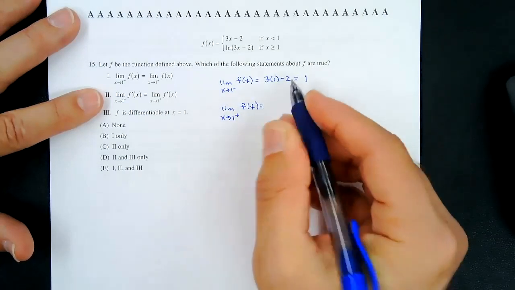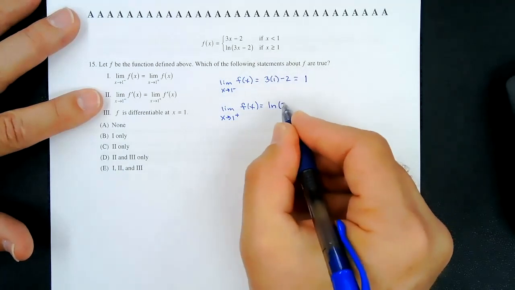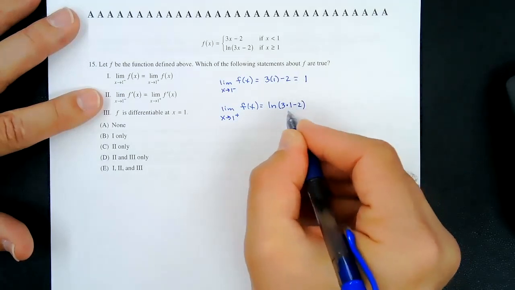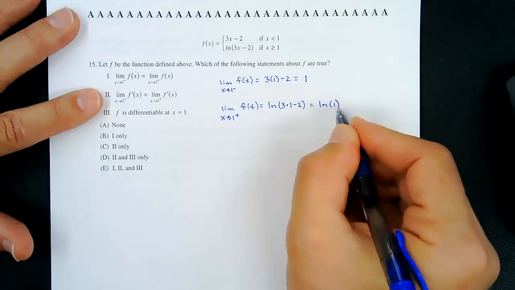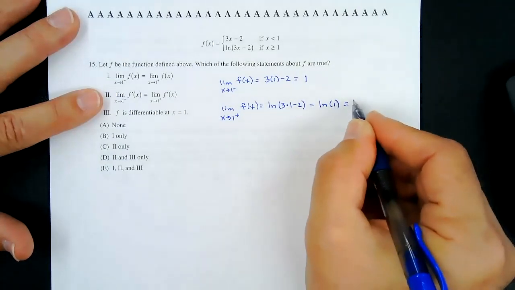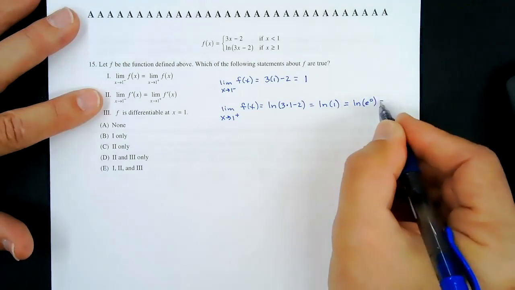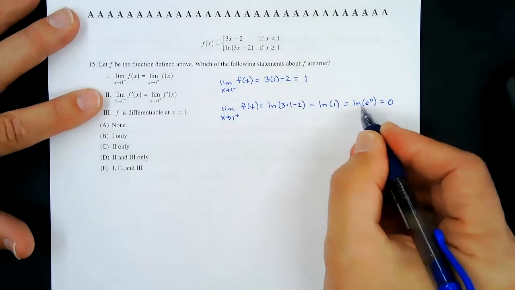And we're going to plug it into this one, and that would be the natural log of 3 times 1 minus 2. And that would be the natural log of 1. And the natural log of 1 is equal to the natural log of e to the 0. So that would mean this is equal to 0, because natural log of e to a power, they undo each other.